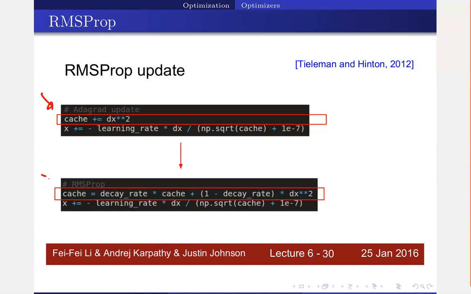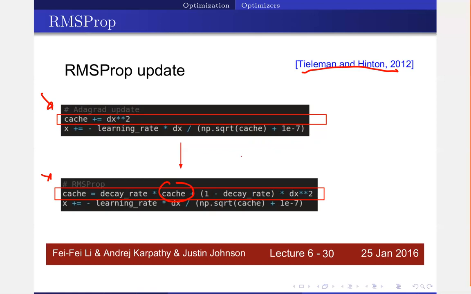The only difference is that it uses the moving average of the cache. Earlier we used the moving average of the update, and here we use the moving average of this normalization factor instead. That's RMSProp. An interesting remark is that this work was never published.